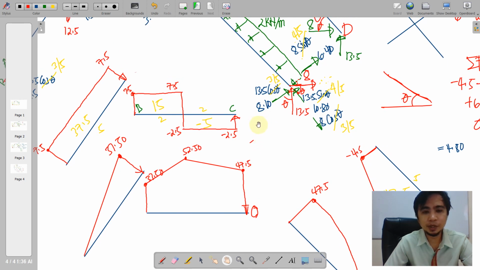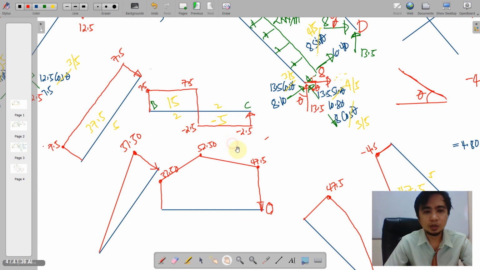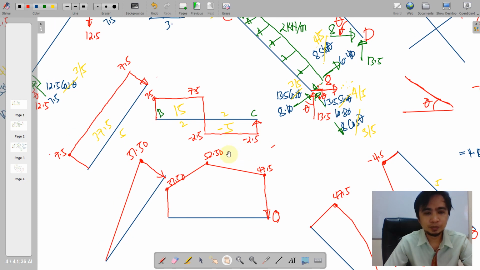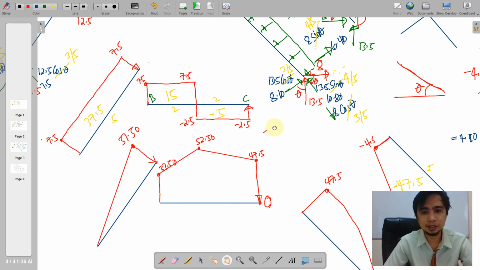So those are the mechanisms we have to look into along our analysis. So remember, along the way we commit mistakes, but to minimize the mistakes, you have to check your solution by those mentioned mechanisms to check your analysis.